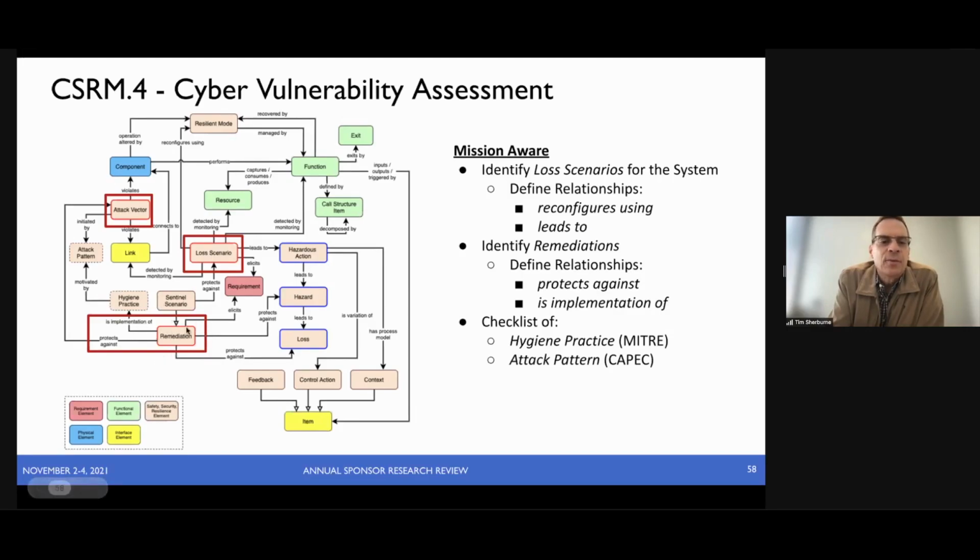The idea of the remediations, like Peter had mentioned, is capturing defensive mechanisms that may be implemented, hygiene practices that may be implemented, Sentinel type protections that may be implemented, with the idea being that trade-offs are made to find the best set of security mechanisms for a particular system.